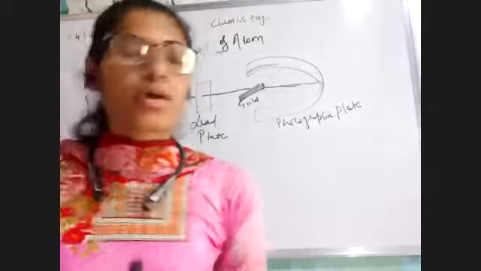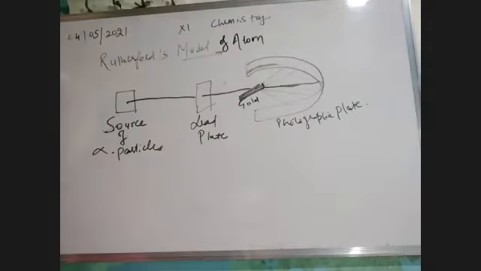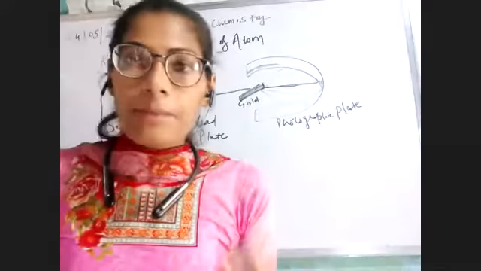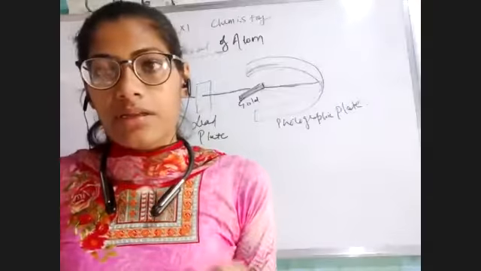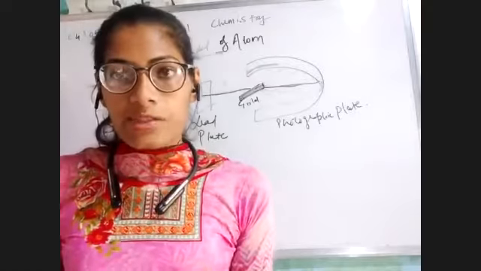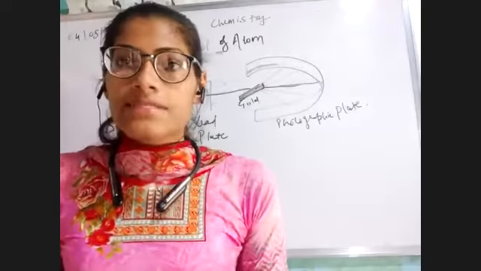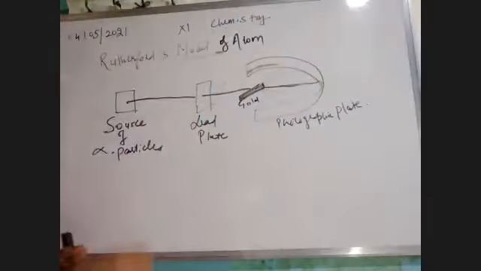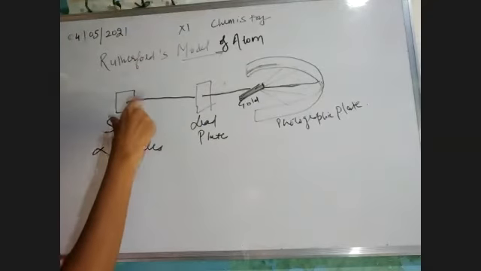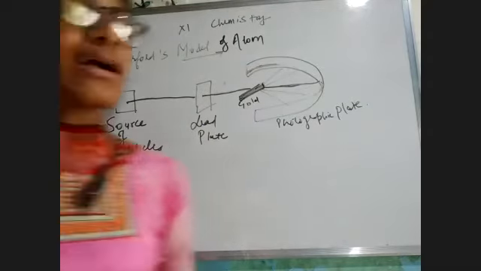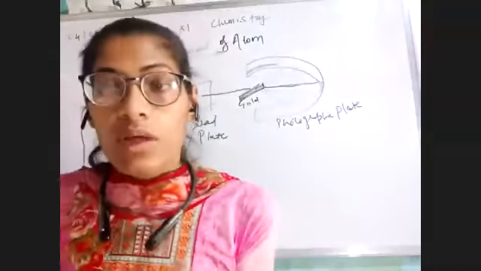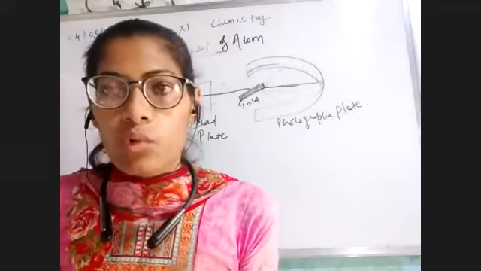So Rutherford's model is also known as the alpha particle scattering experiment. Why is it so? Let's start. Rutherford took a source of alpha particles. In the last class, I told you a little bit about what alpha particles are.